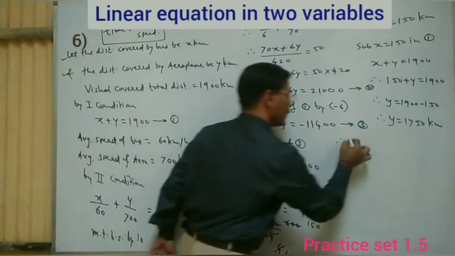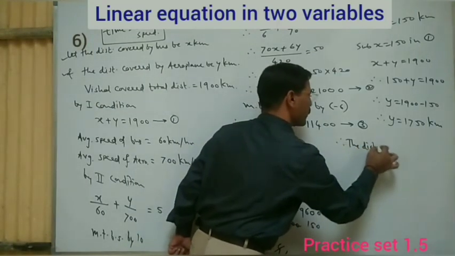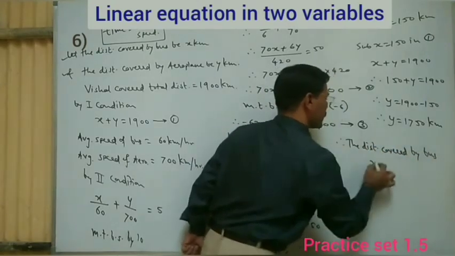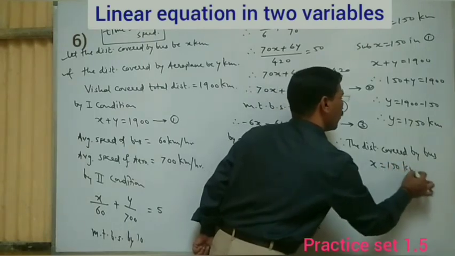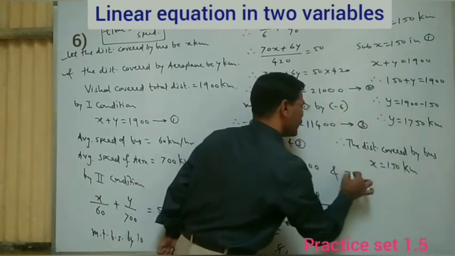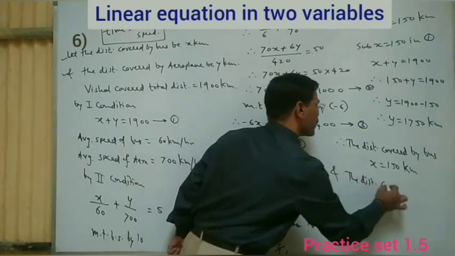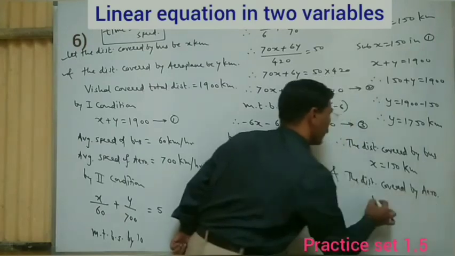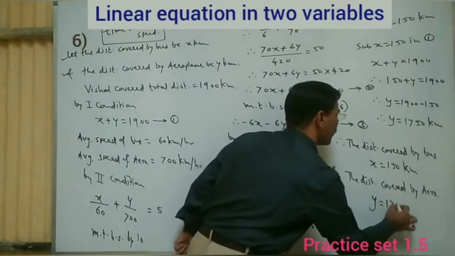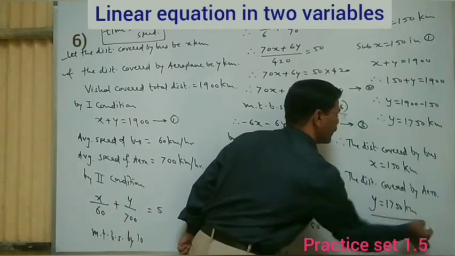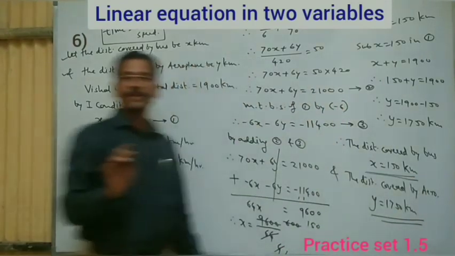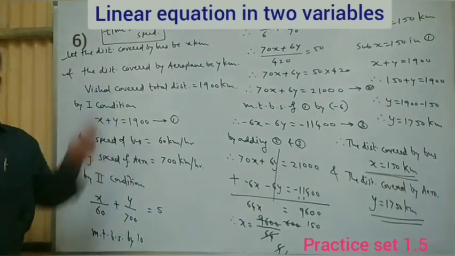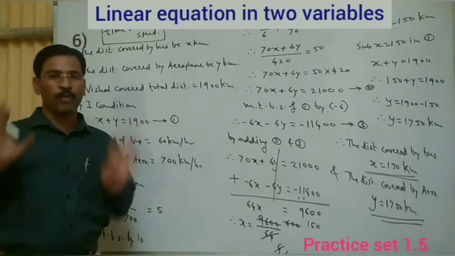Therefore, the distance covered by bus, that is x equal to 150 kilometer, and the distance covered by aeroplane, y is equal to how much? 1750 kilometer. Understand, friends? This is the system. This is the way. Don't fear about these word problems. Okay?